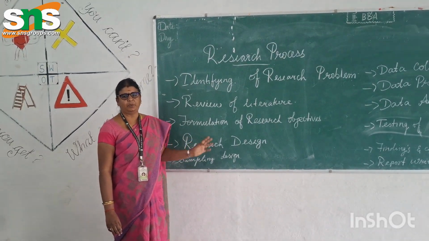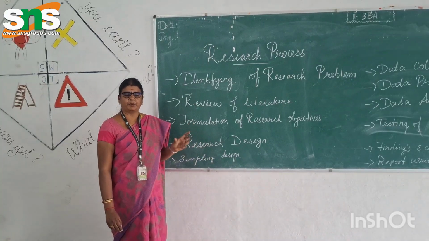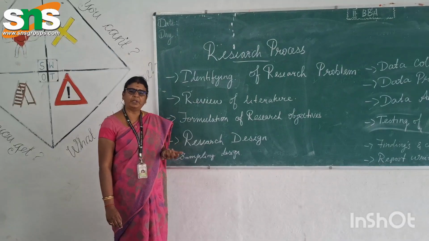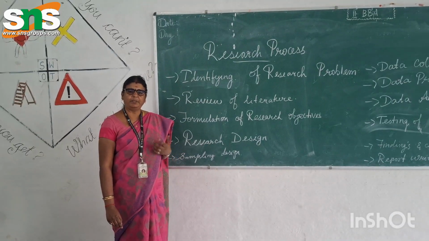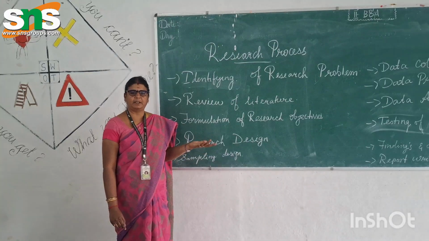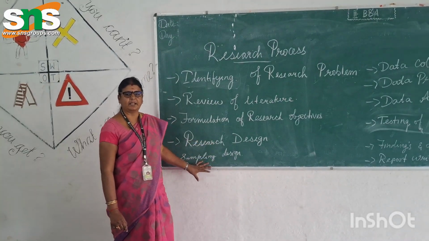Probability sampling means we know the population size, that is, how many respondents we are going to take. But in non-probability sampling, we do not know the population size, but we collect the data from known people, for example snowball and judgment sampling. This comes under the sampling design.